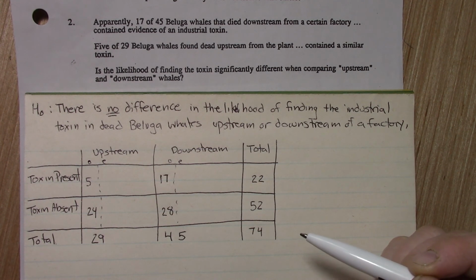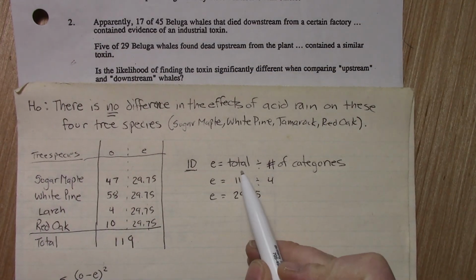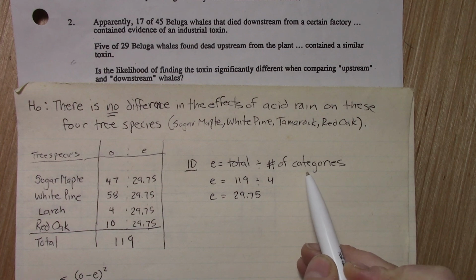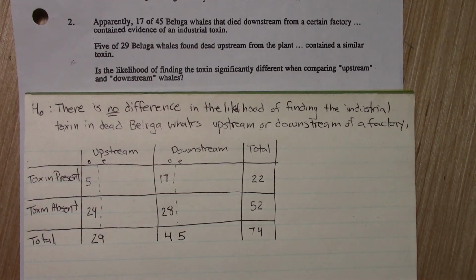Now, when we did our one-dimensional, our expected was our total divided by the number of categories. But now we have two-dimensional. So now we have the number of categories this way and the number of categories this way. So we have these totals and this grand total.